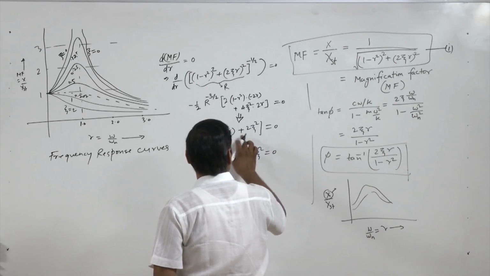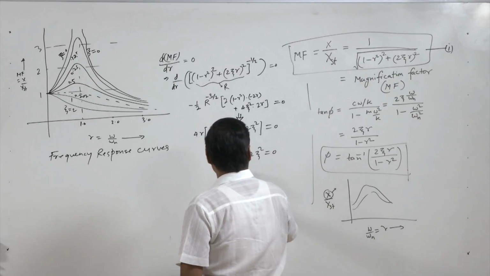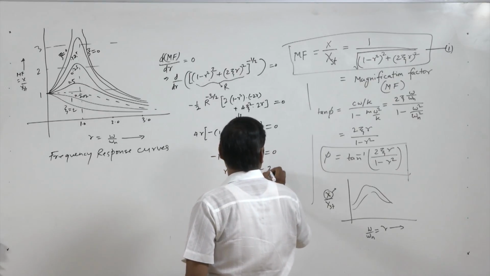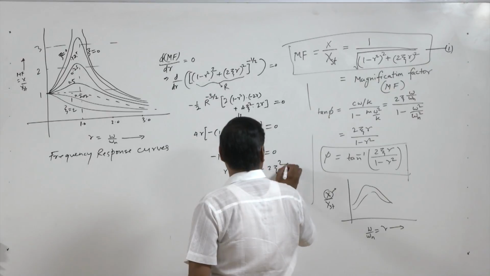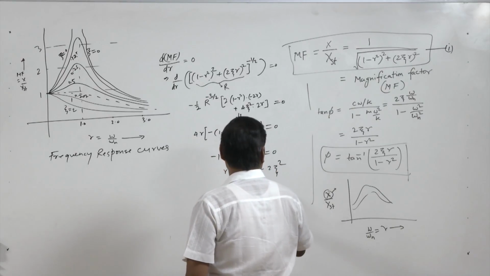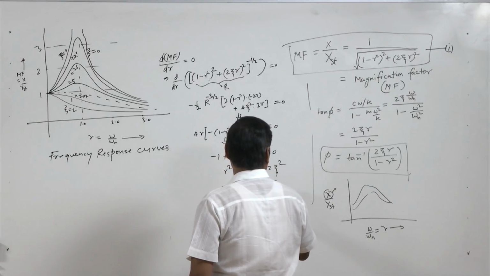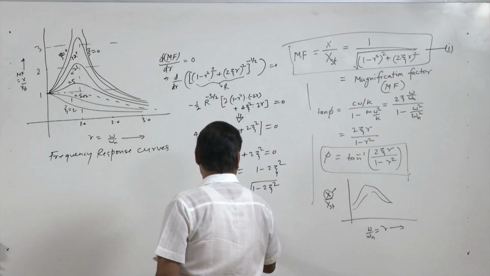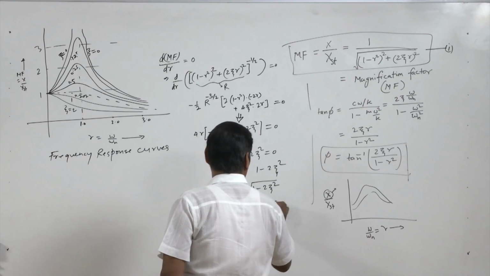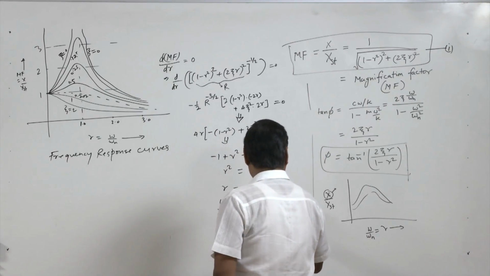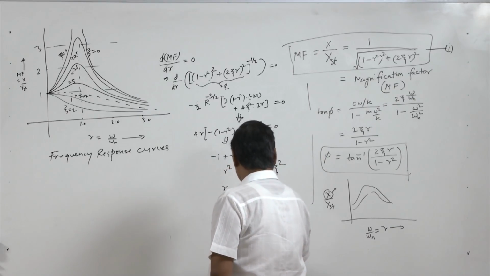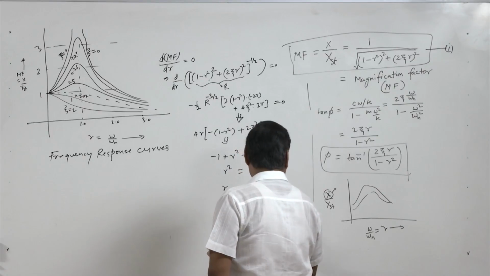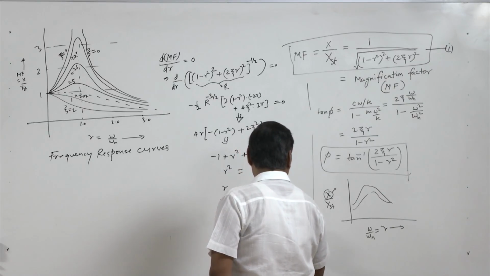It means r square equal to 1 minus 2 zeta square, and so r equal to under root 1 minus 2 zeta square, and so omega p by omega n equal to root 1 minus 2 zeta square. This implies omega p equal to omega n root 1 minus 2 zeta square.